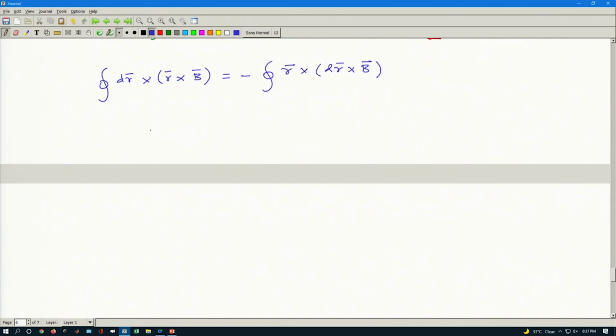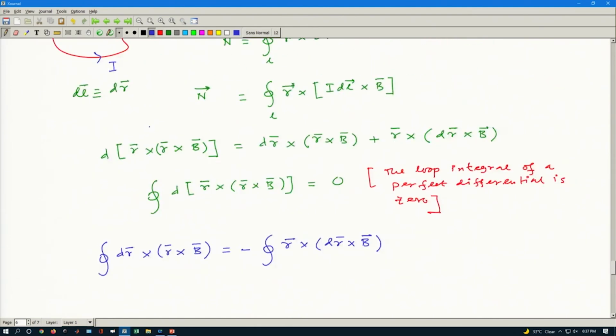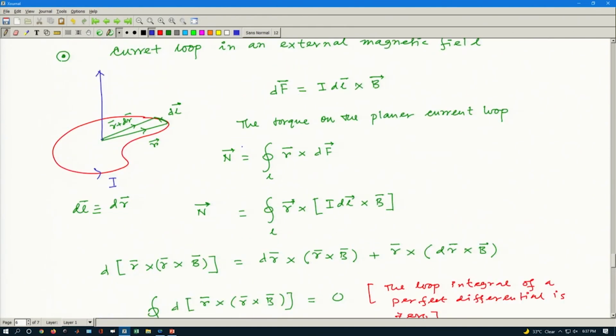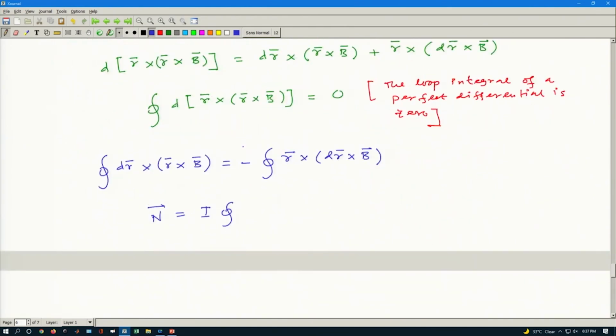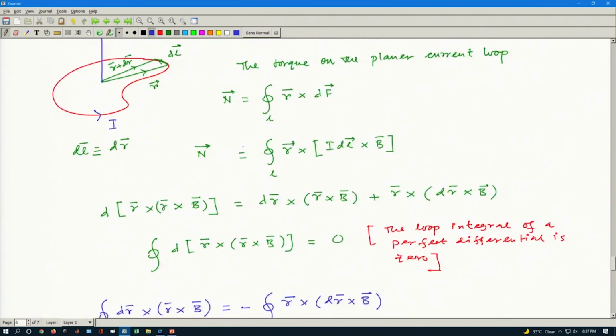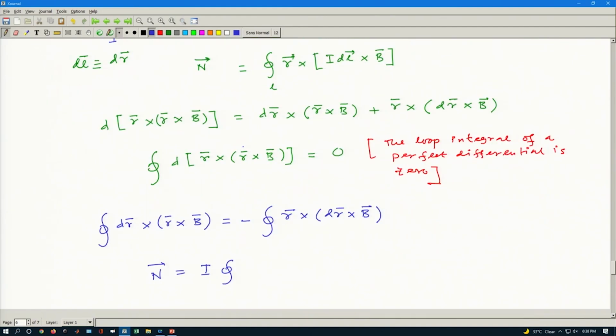Now, once we have this, let us go back to the expression of the N that we figured. N is equal to I times the closed line integral. What was that? N was I times the closed line integral here.